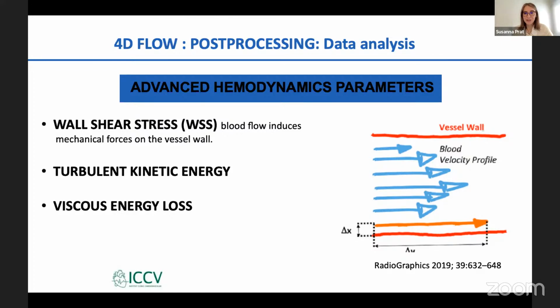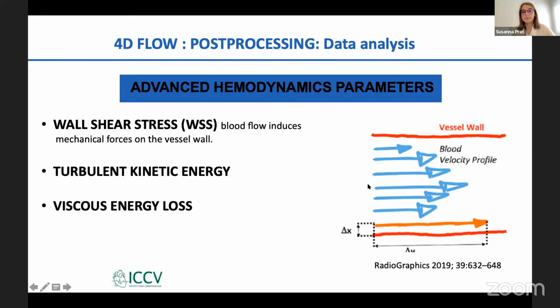I'm not an engineer, I'm a clinician, and I don't want to say anything wrong about this, but I want to show that this part of the 4D flow is very important because we have advanced hemodynamic parameters that need a lot of support from bioengineers, but they help us, as we'll see, to understand some pathologies and their physiopathology.